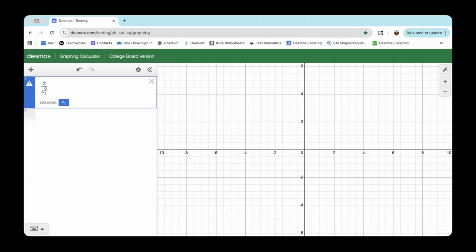If you just type x then 1, it'll automatically make it a subscript. Okay. So I basically took the left side of the problem and rewrote it. And the only thing I changed was instead of x, I used x sub 1. So that's the first thing.